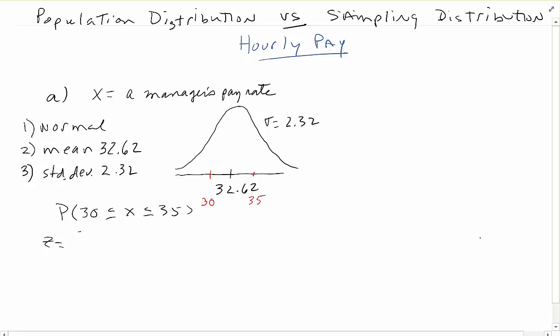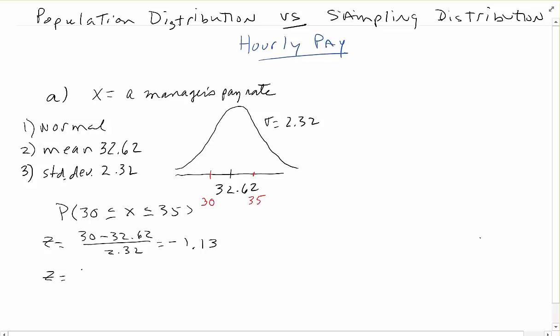So the z-score for 30 is 30 minus 32.62 divided by $2.32, and that gives me a negative 1.129, which I'm going to round to a negative 1.13.